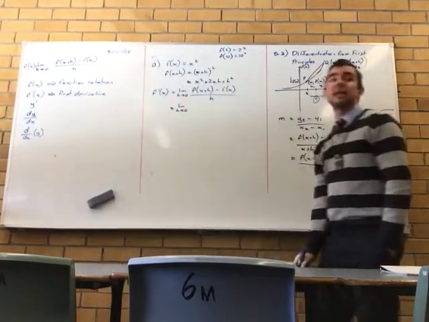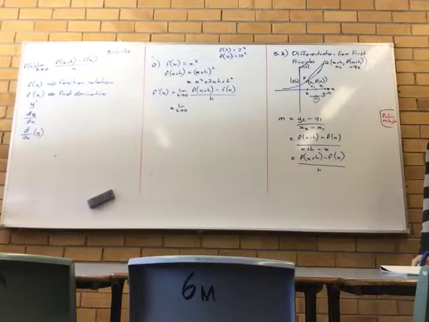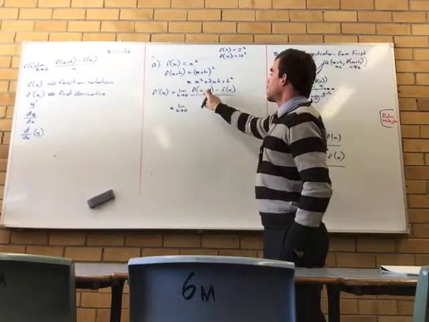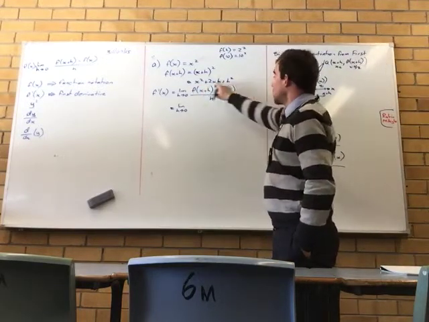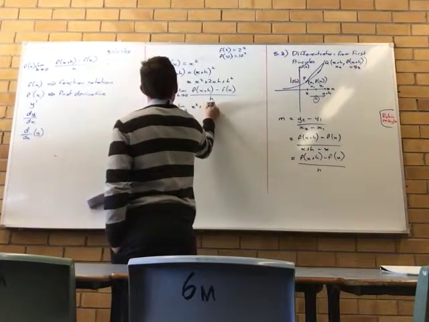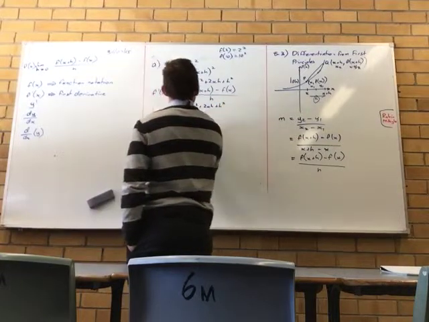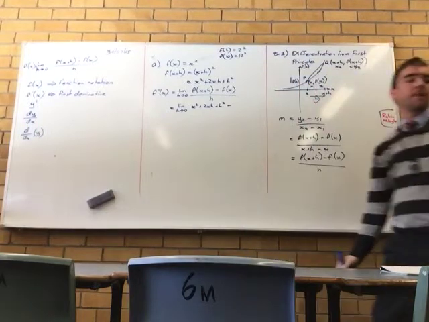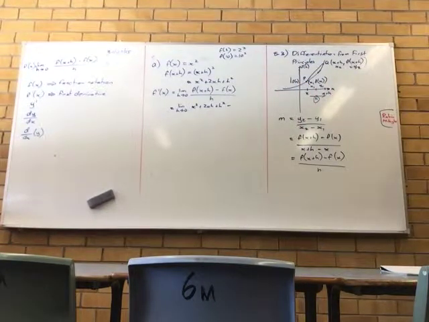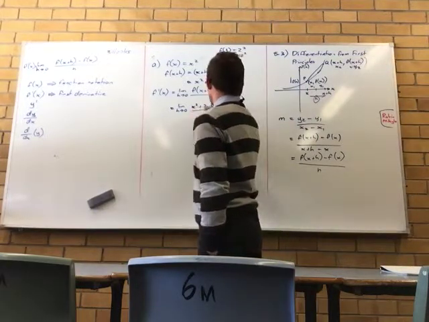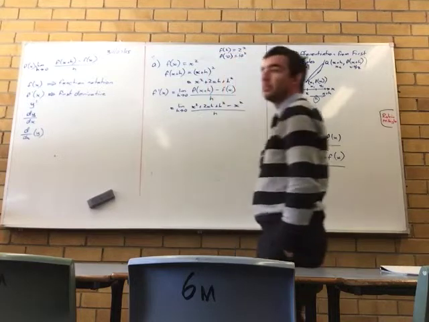Right, so we haven't taken the limit yet, so we need to keep writing that section of it until we do the work with the limit. So, for f of x plus h, we replace it with what we've just expanded here. So x squared plus 2xh plus h squared. What do I write for f of x? x squared. All over h.